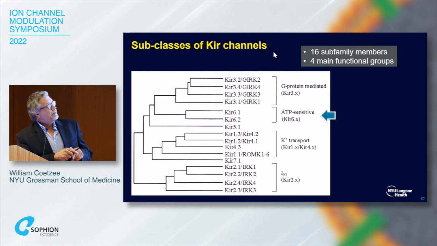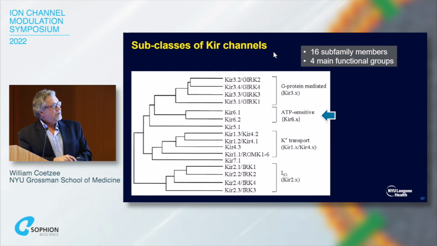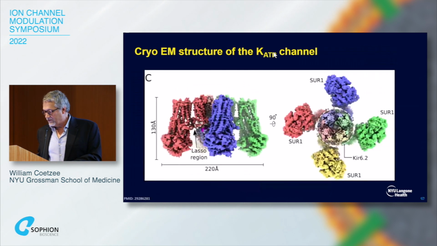Colin has been mainly talking about the Kir6.1 channels in Cantu syndrome. The Kir1s are involved in potassium transport, mainly in the kidney, and the Kir2s are responsible for the inward rectifier potassium channels, such as in the heart cell or neurons, that cause a negative resting potential. I'm going to talk briefly about all 4 of these subfamily members.